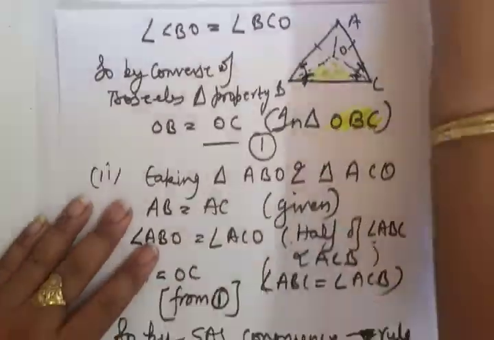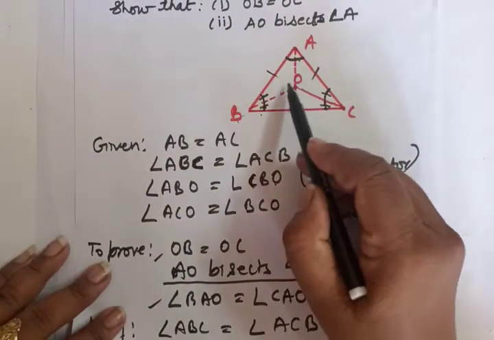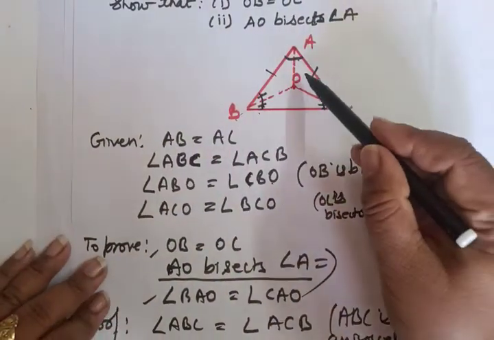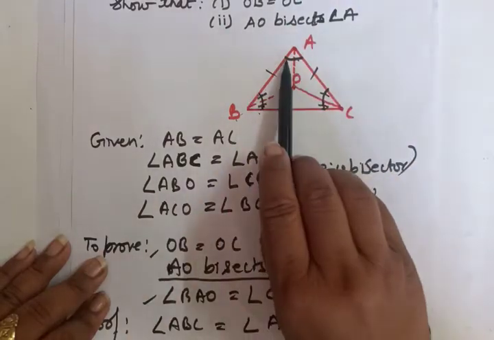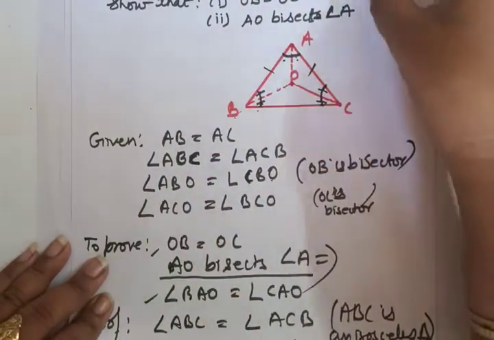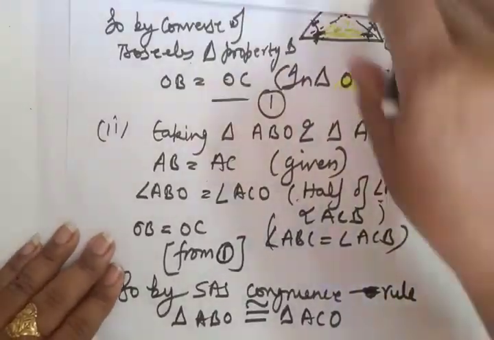Yes, ABO is congruent to triangle ACO. And what do we need to prove? These angles, and these are the corresponding angles.